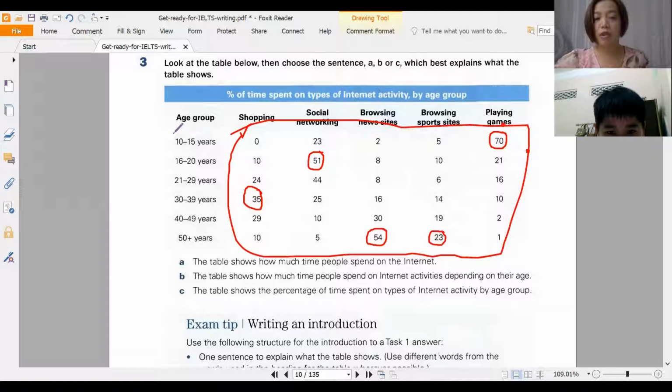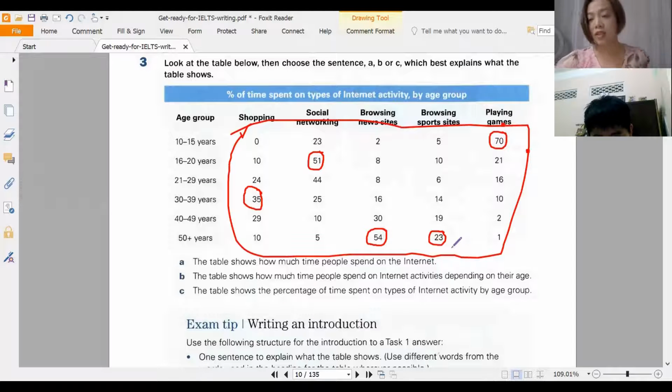Well, let me keep talking, and when I finish, I'll come back to your question, right? So in analyzing a table, you can have a look vertically or horizontally. Then you can figure out the biggest number and the smallest one. Then you can group information and tell something more about it.